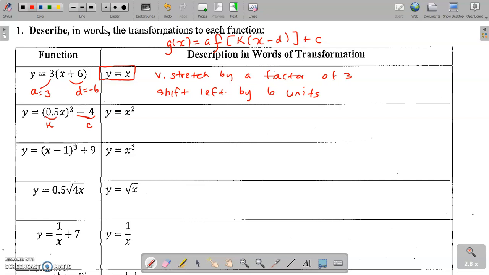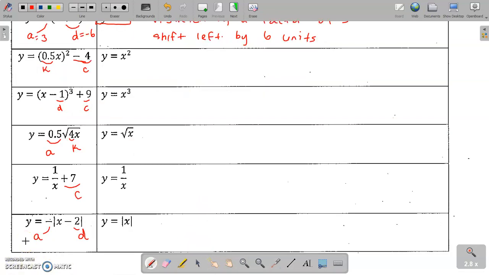Great. Now compare your values, your letters, to see if they match up with the ones on the handout here. Then pause the video again and write out the transformations like I did for the first example, and then start up the video again to compare yours.